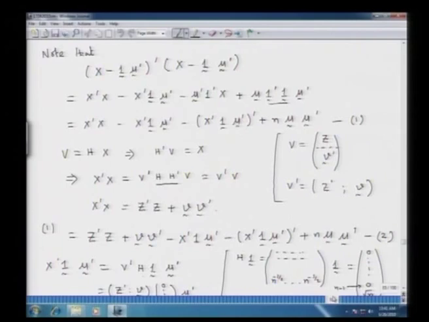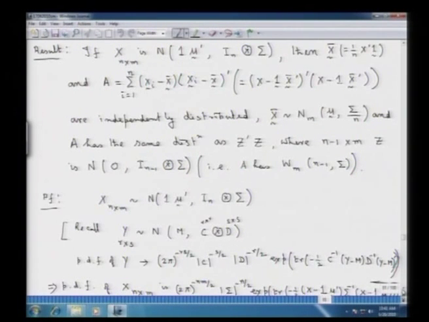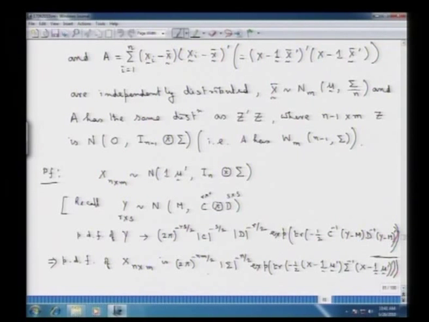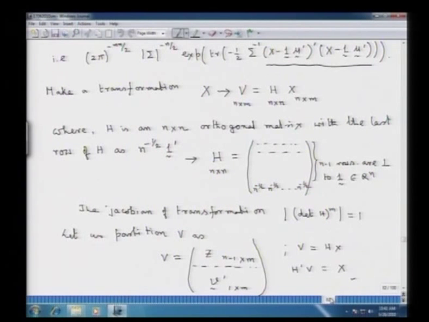We had seen that this exponent part appearing in the PDF, the trace of minus half sigma inverse x minus mu transpose whole transpose into x minus mu transpose, was written in this form: e to the power trace minus half sigma inverse x minus 1 mu transpose whole transpose into x minus 1 mu transpose.